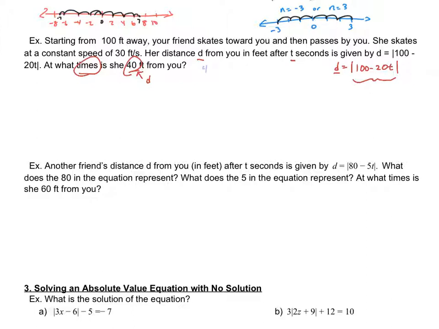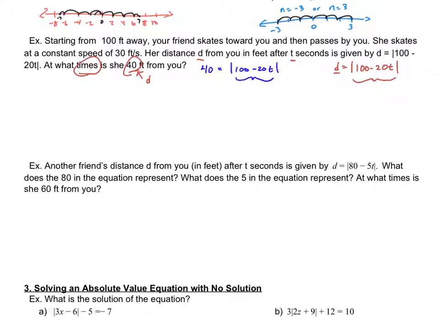I'm going to have 40 equals the absolute value of 100 minus 20t. And we know that t stands for seconds, and I substituted in d, which was 40. Everything within here could be a positive or negative number, because when we find the absolute value of it, it will become positive.